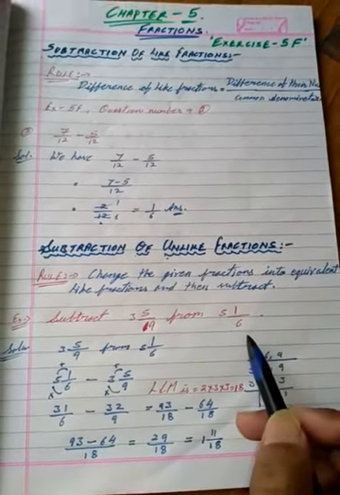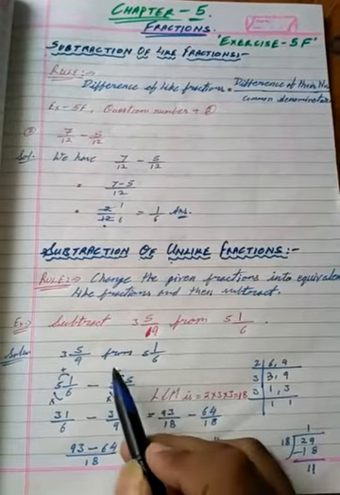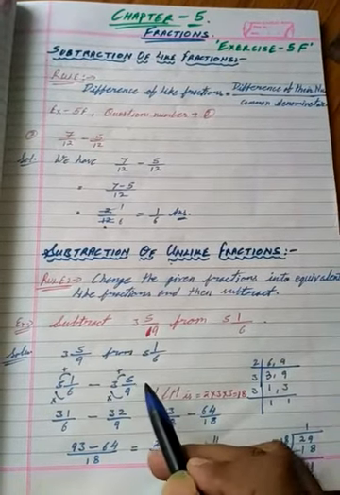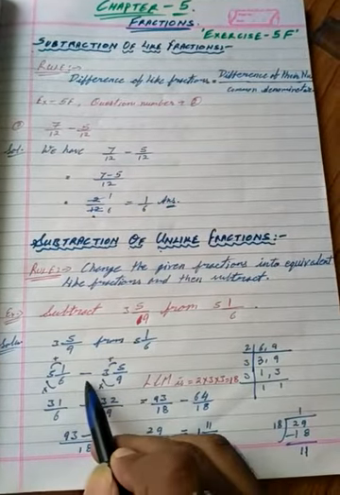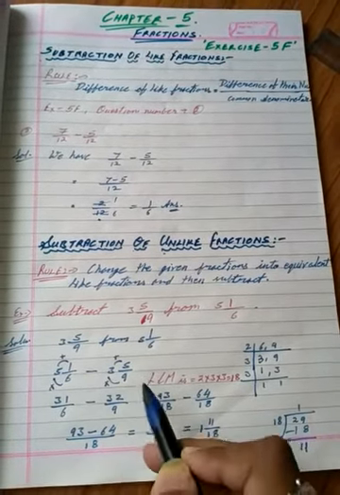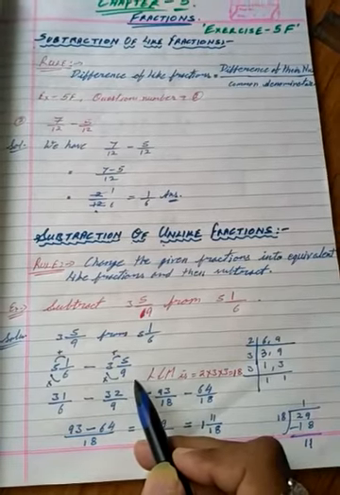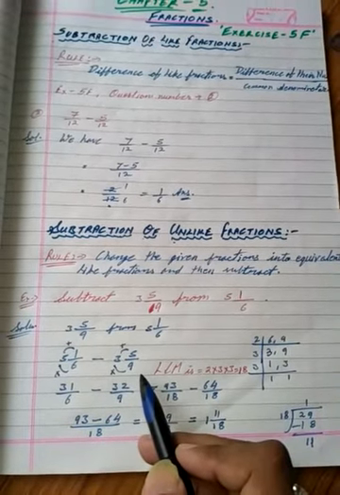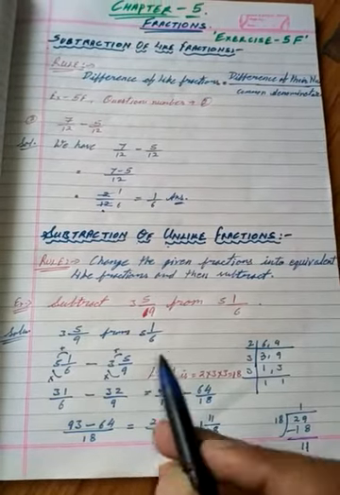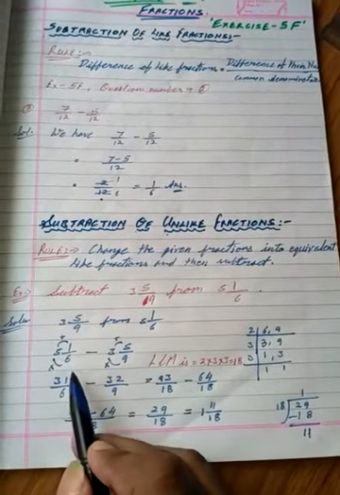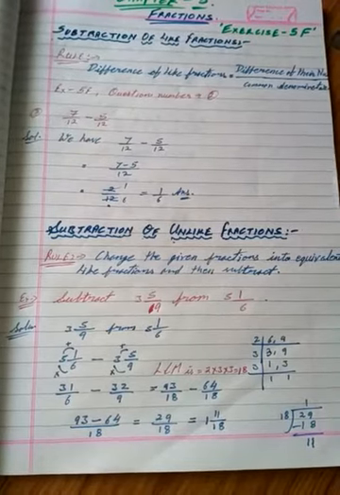What does that mean? That we have to write them like this: 5 1 upon 6 minus 3 5 upon 9, because you have to subtract 3 5 upon 9 from 5 1 upon 6.